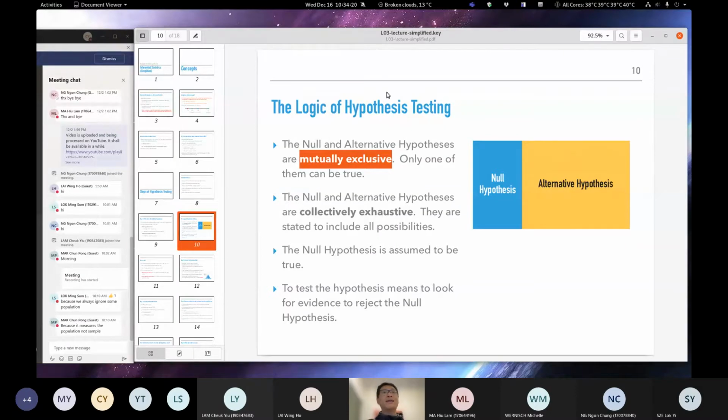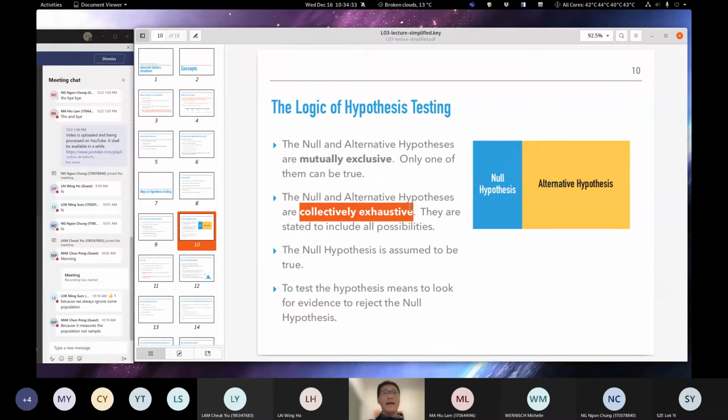Now, another consideration is that the null hypothesis and the alternative hypothesis, these two together, they should be collectively exhaustive. So what it means is that they have to include all the possibilities. So it means that when you test your hypothesis, you are asking a yes/no question. So the answer is either yes or no. The yes and no cannot overlap with each other.